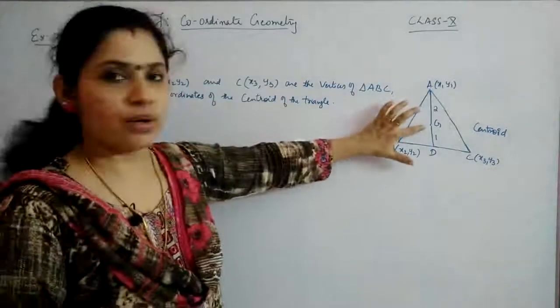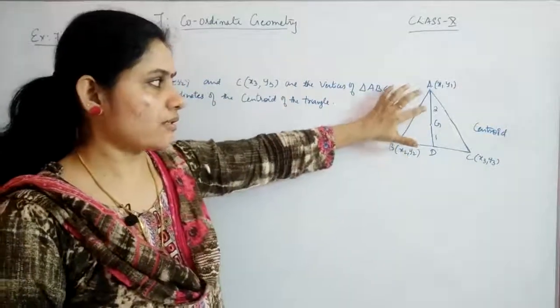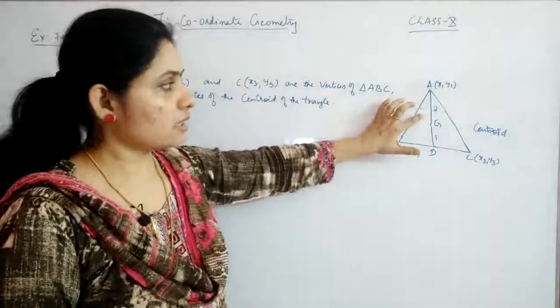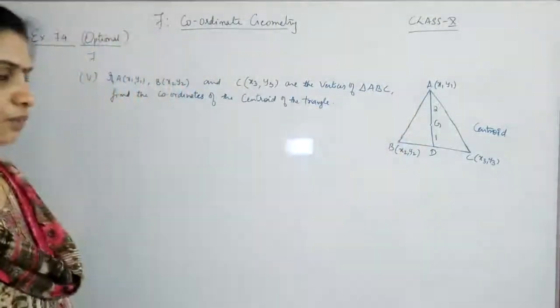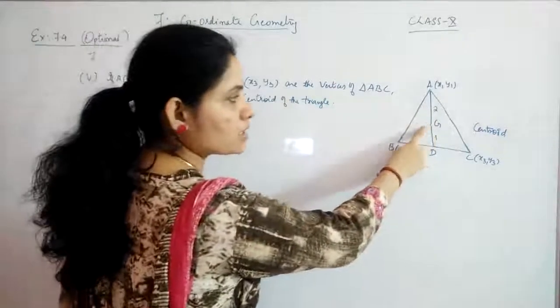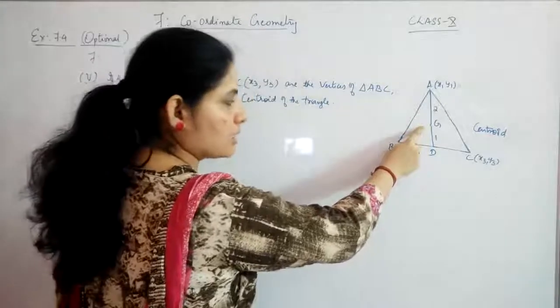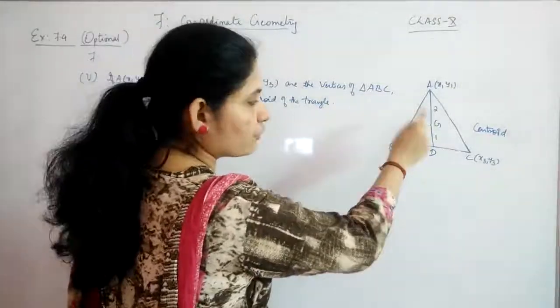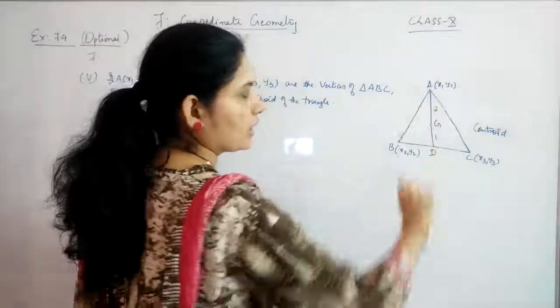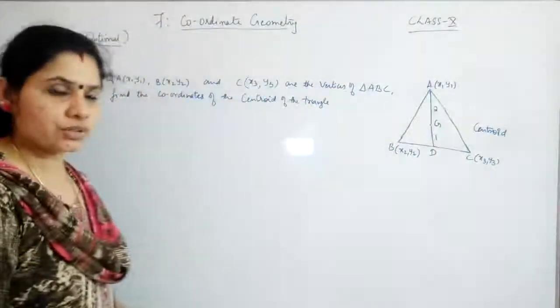The centroid divides AD, that is the median, in the ratio 2:1, that we already know. So using that concept, that is using the section formula, we can find the coordinates of the centroid. Before that, we have to get what D is, because G is a point on AD which divides AD in the ratio 2:1.